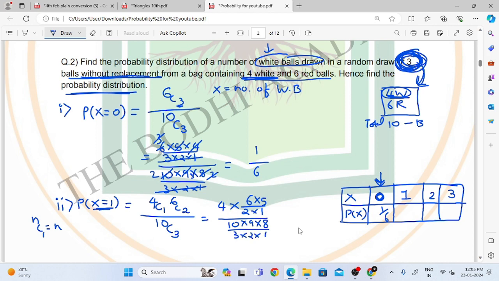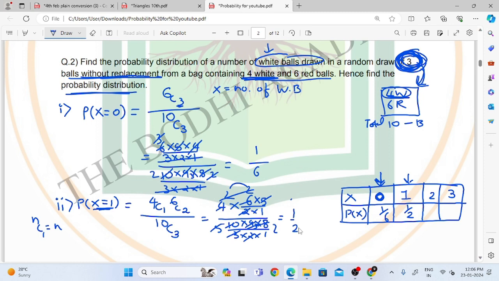Cancel out the numbers one by one. 2 2s are 4, here 2 5s are 10, and this 5 and this 5 will get cancelled. 3 3s are 9, and 3 2s are 6. In the numerator 2 2s are 4, and in the denominator 4 2s are 8. So the answer will be 1 by 2. So the probability of getting 1 white and 2 red, the second case, is 1 by 2.